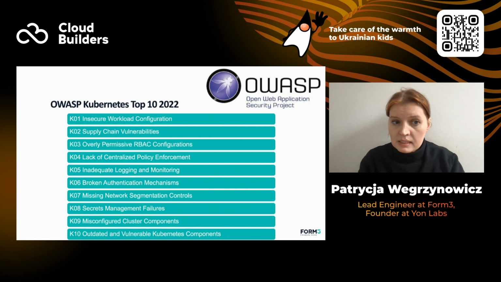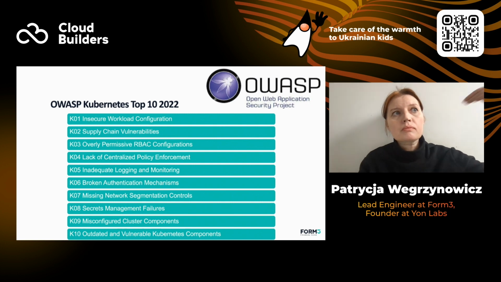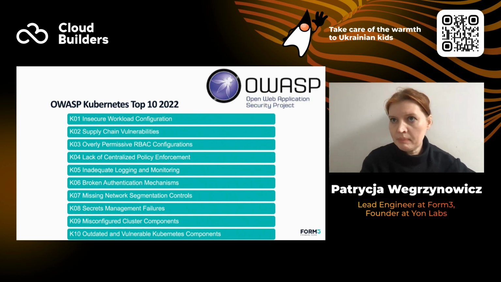Number two on the list is supply chain vulnerabilities. So basically, when you want to deploy a Kubernetes workload, usually you need some Docker image. You need to build, you need to package your application, you need to create an image, and then you need to deploy it.